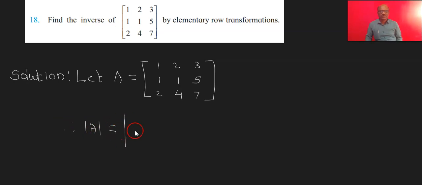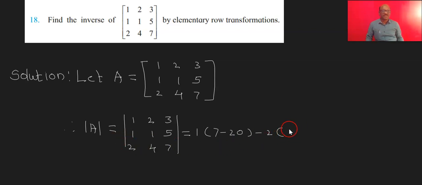is equal to 1, 2, 3, 1, 1, 5, 2, 4, 7. This is 1 into 7, 5 into 4, 20, minus 2 in bracket 7 minus 10, plus 3, 4 minus 2.